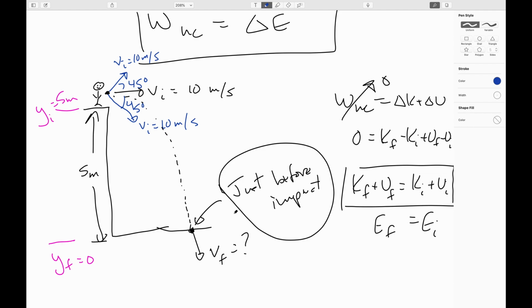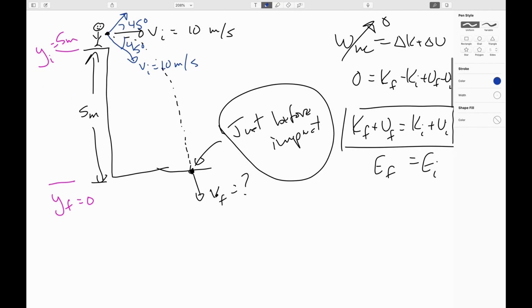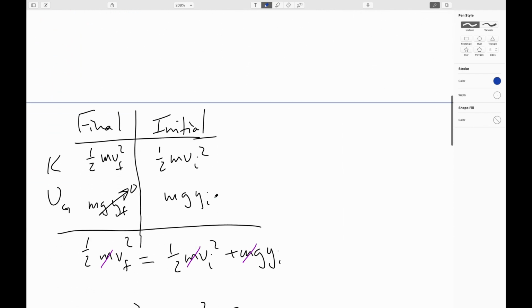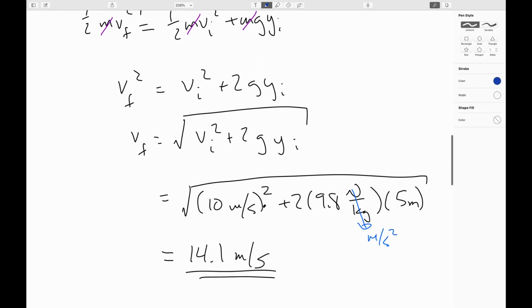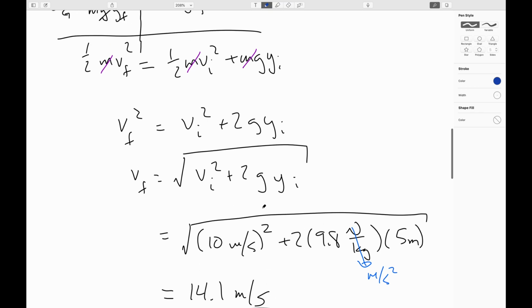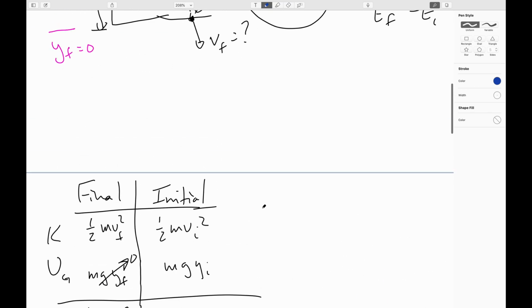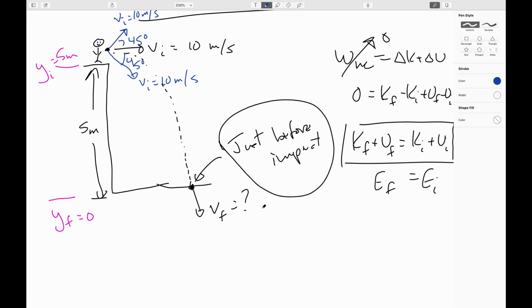It doesn't care which way the object is moving. So it turns out that in all three cases, the rock is going to hit the ground going at 14.1 meters per second. Now, the trajectories that the rocks took will be very different.